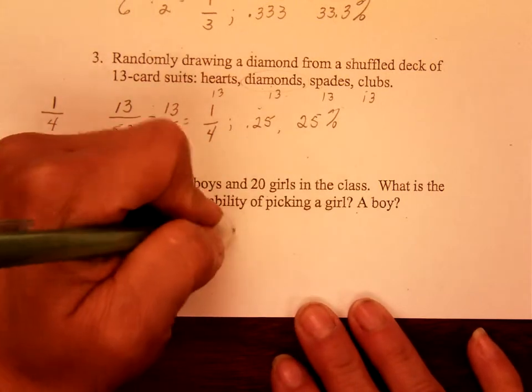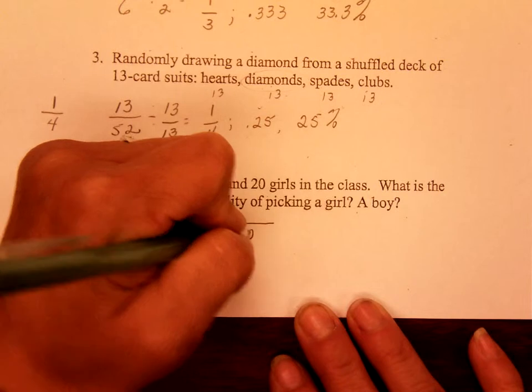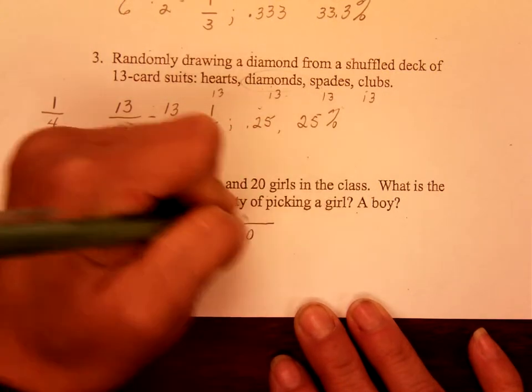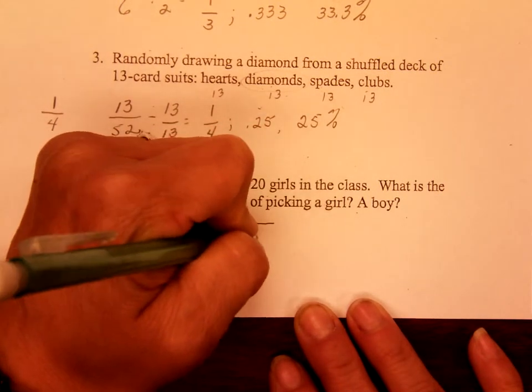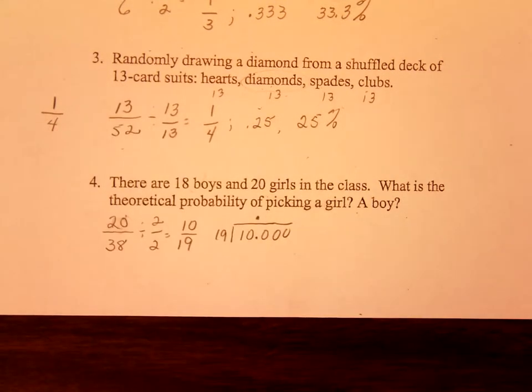Now to find your decimal, 10's inside, 19's outside. Okay, 19 goes into 100. Let's see, 5 times?